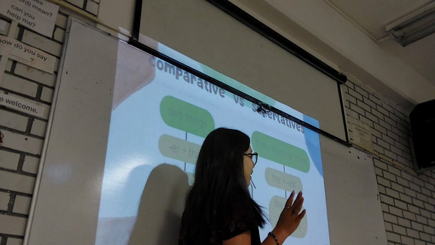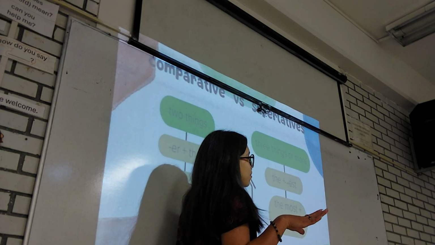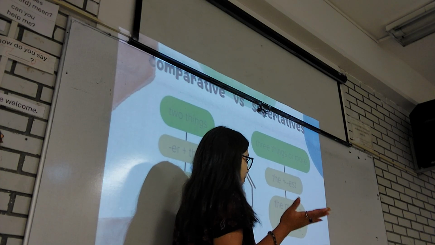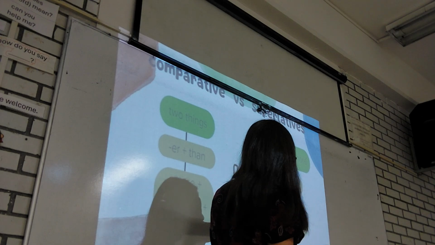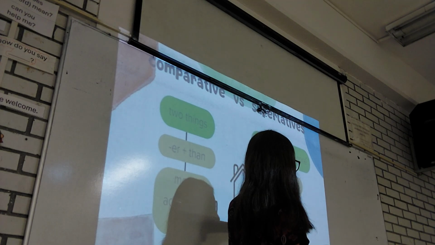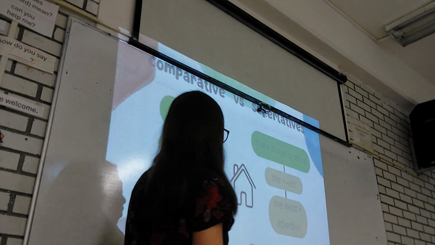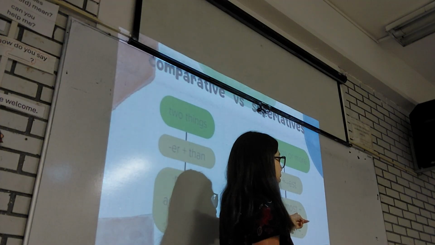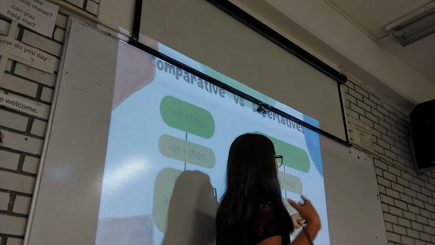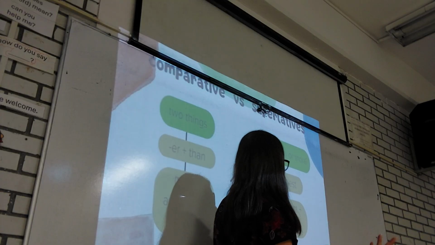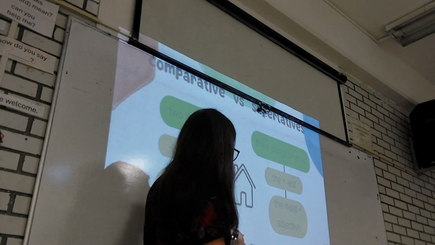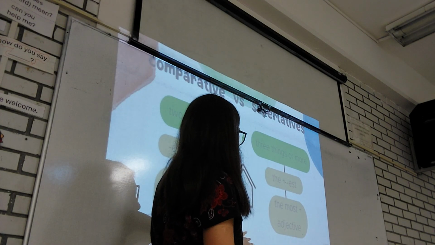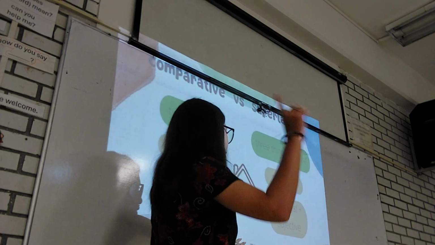So that's kind of an easy way to remember this. Then you can see that it's the most. It's no longer more, it's most, because we are comparing more than 3 things. And the adjective.